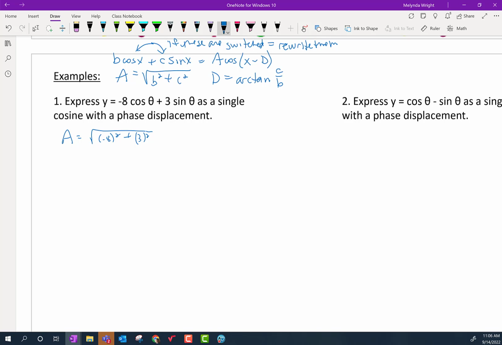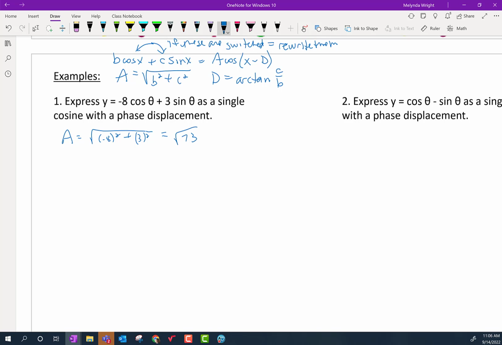So please be sure to put that negative 8 in parentheses. So let's see, 64 plus 9, that's 73. So we've got the square root of 73. That's our A value. That's usually pretty straightforward. Students typically do not have trouble finding A. We should be able to do that without a problem.